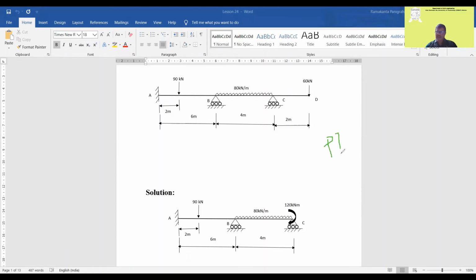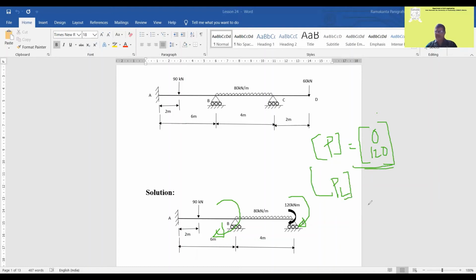In this case, suppose you have two rotations here, the kinematic indeterminacy. So P will be 0 and 120. Here we write P minus PL, where PL is due to the restraint conditions. Now we'll find the P value: 0 and 120.